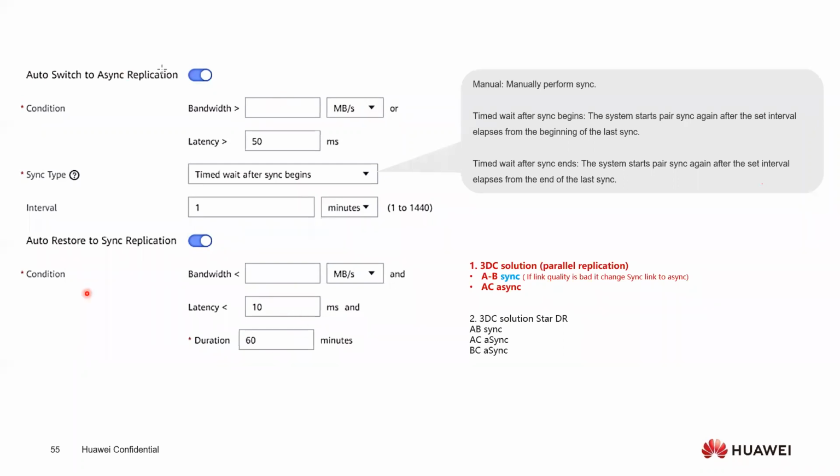Based on the monitoring of the link behavior, the storage system can take the decision, and it will automatically help the customer to synchronize the information from A to C or A to B, B to C, like this. So I'm done with this 3DC Star DR configuration and operations and maintenance point of view.